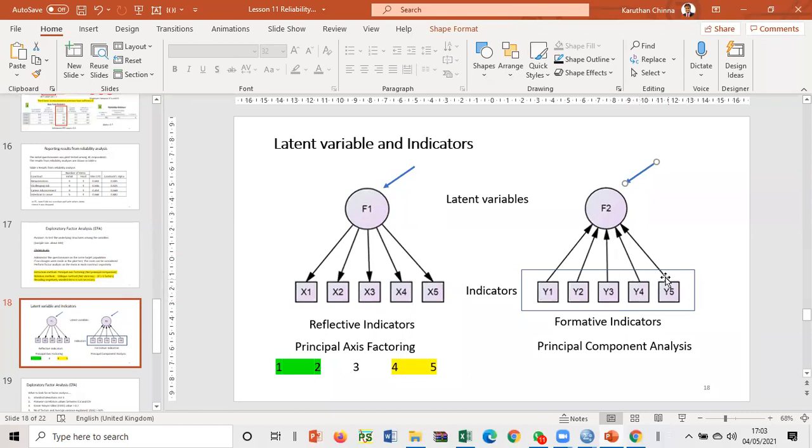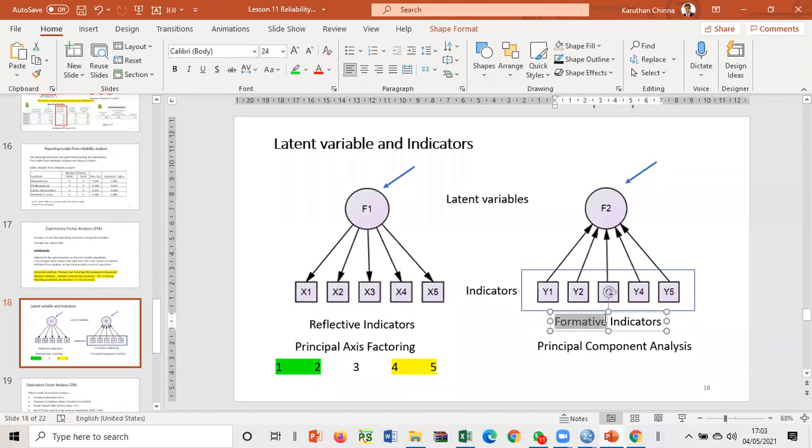Number of siblings, definitely. So the mother's education, father's education, income, number of tuitions, and number of siblings may form this particular structure, performance in school. So these are called formative indicators.